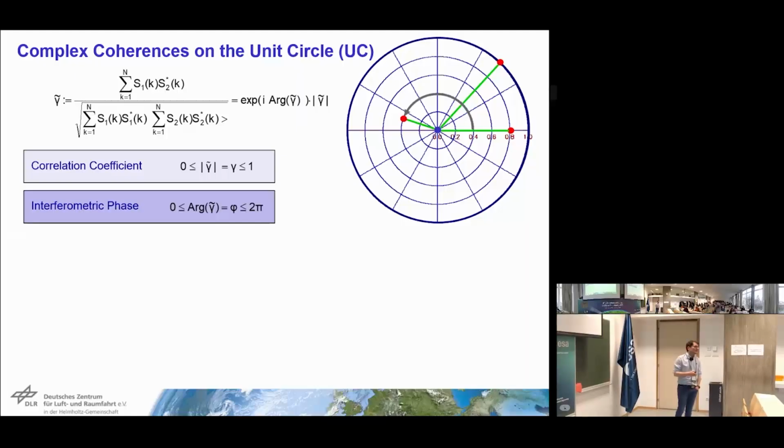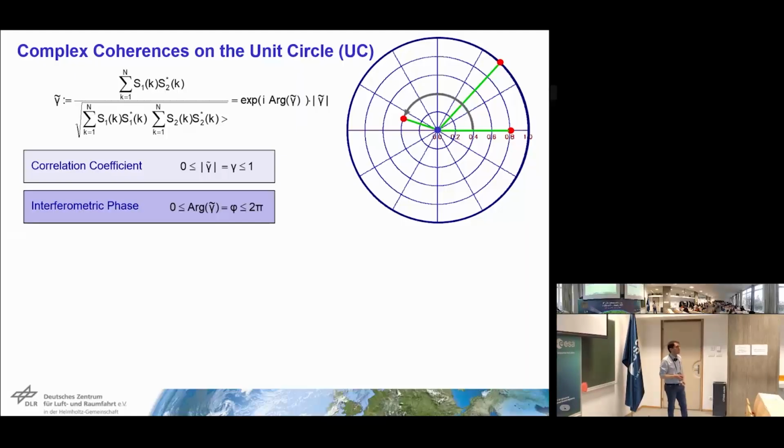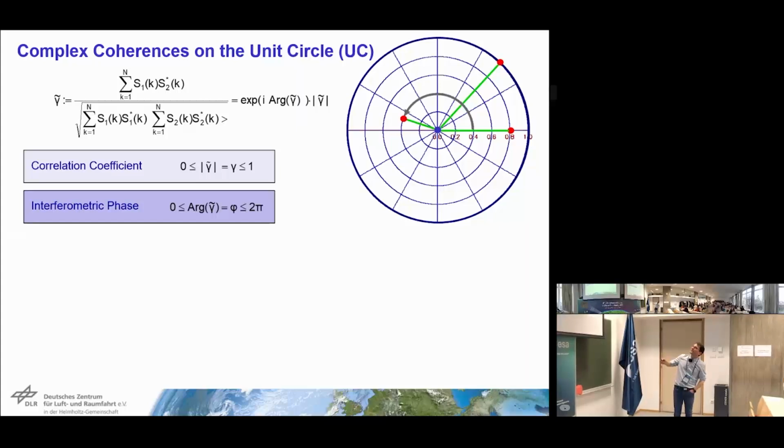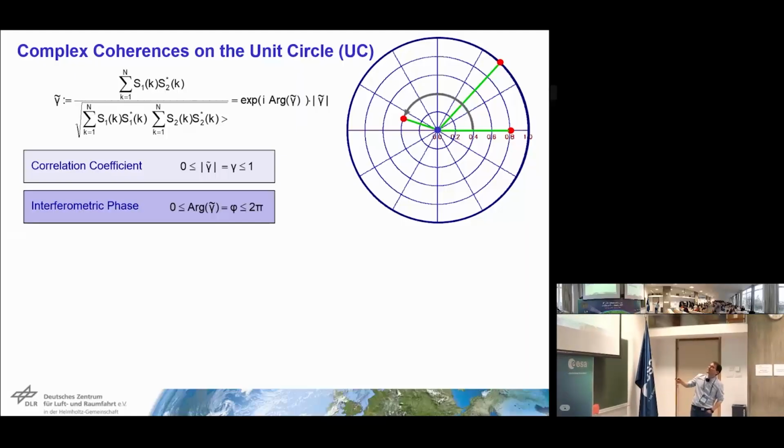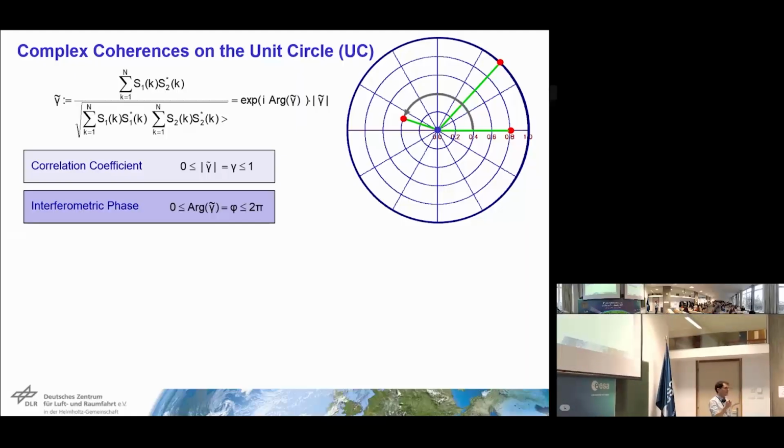This is, of course, an estimate. We said before it has a phase, so an argument, and an absolute value. Being a complex number, you can represent it on a complex plane, defined by a horizontal axis for the real part and an imaginary axis for the imaginary part. You can also represent it in a different way.